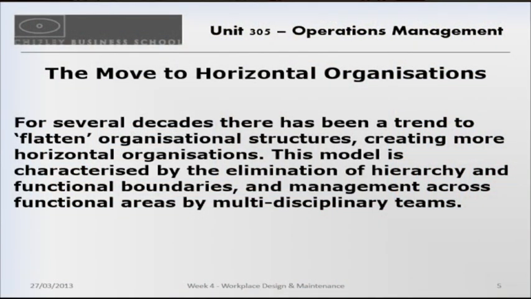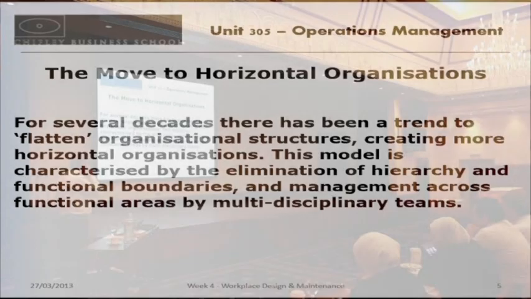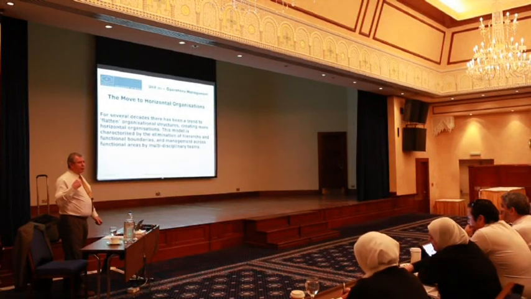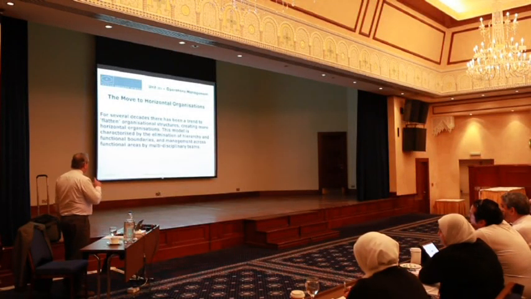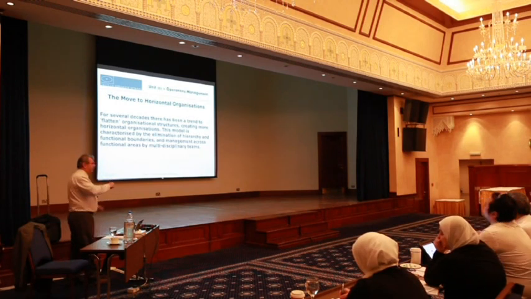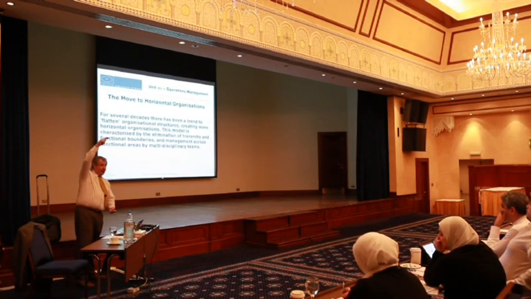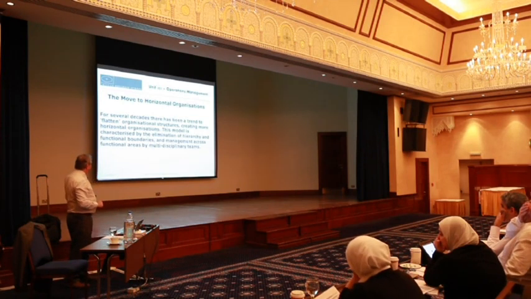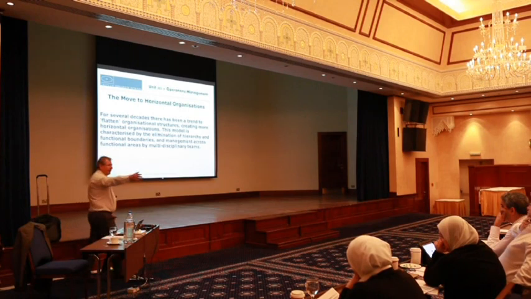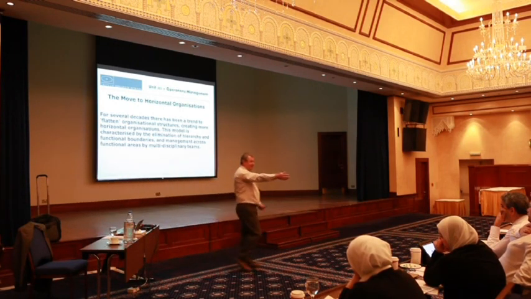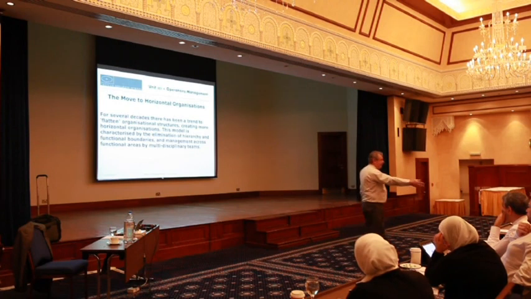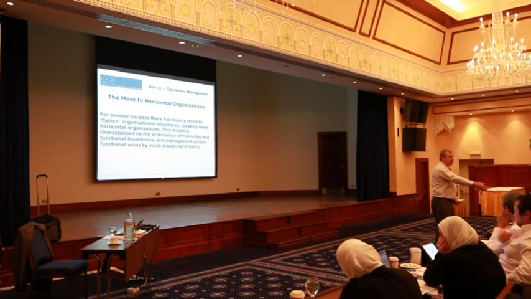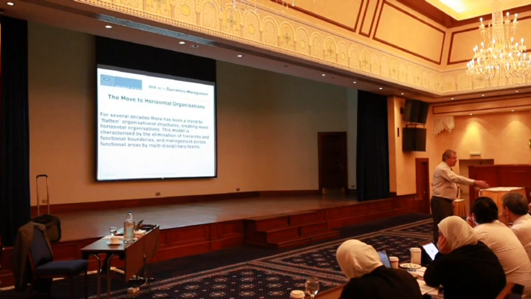For several decades, there's been this trend to flatten organizational structures, which creates what's known as horizontal organizations. This model is characterized by the elimination of hierarchy, that is, the guy at the top passing down, and functional boundaries. You know, this is the warehouse manager, this is the marketing manager, this is the HR manager, and this is the accountants, the chief financial officer, the CFO.